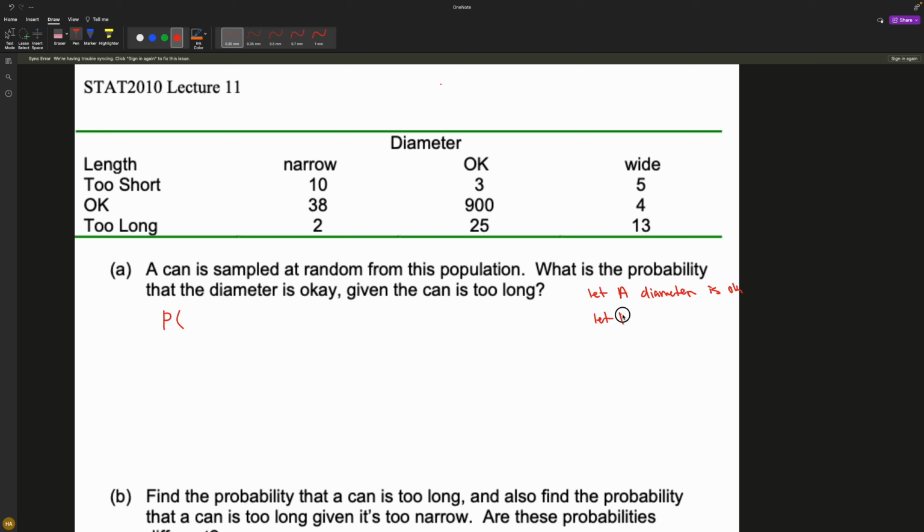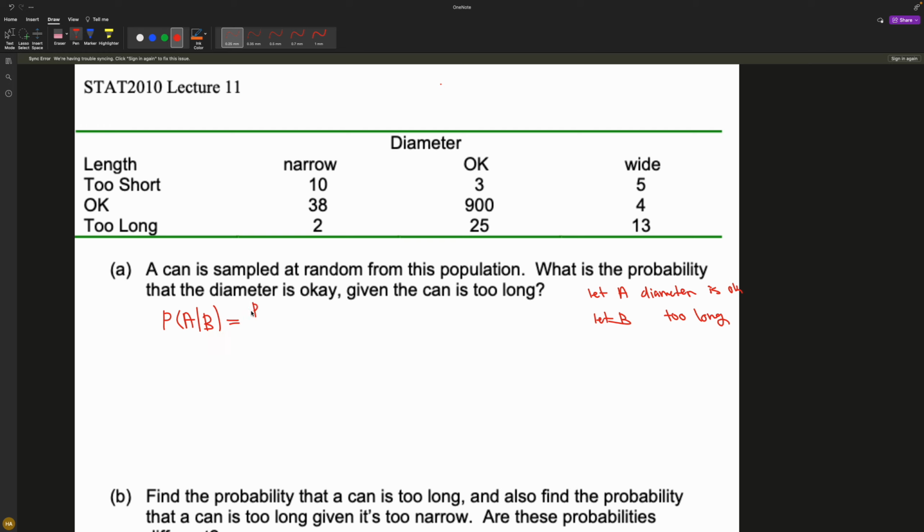And let B be the other one, which is too long. So what we're saying is, I want the probability of A. That's how you read it. What probability do you want? Remember, it says, what is the probability of the diameter is okay? And we said diameter is A. So I want the probability of A, given B happened. Okay, so that's how you read it.